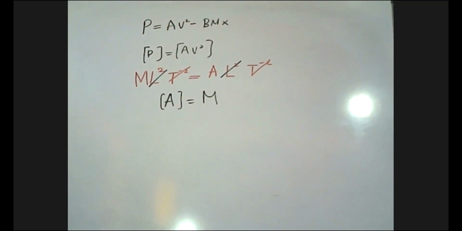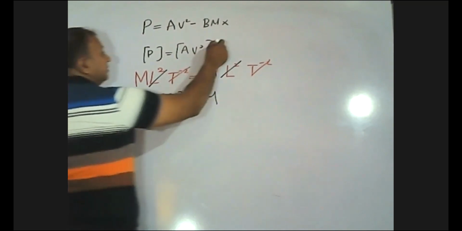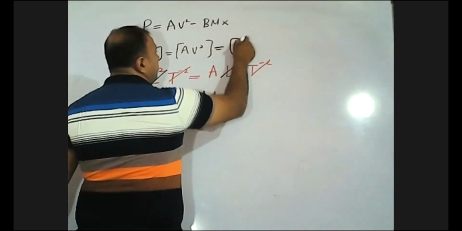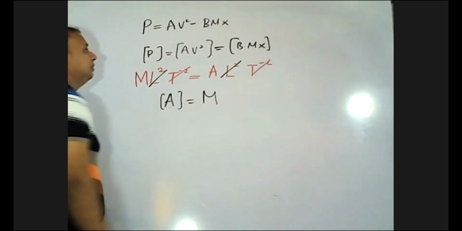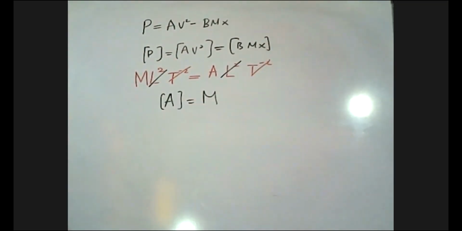Then I can write again, this one is equal to BMX. M means mass, X means displacement.